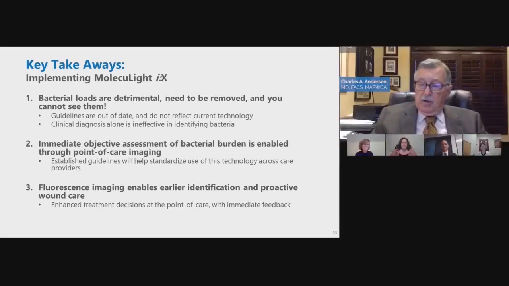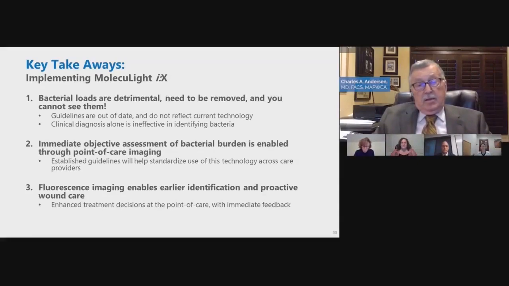Yeah, I think one of the key takeaways is the ability to be proactive. I think this is important in every aspect of medicine. If we wait for disease to totally manifest itself, many times we've missed the opportunity for a total cure.